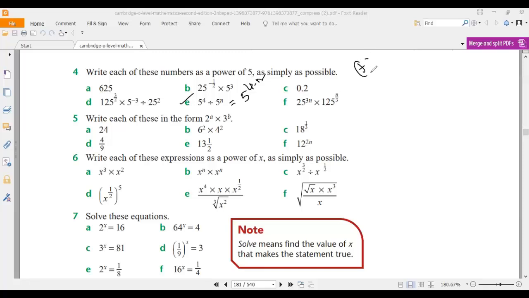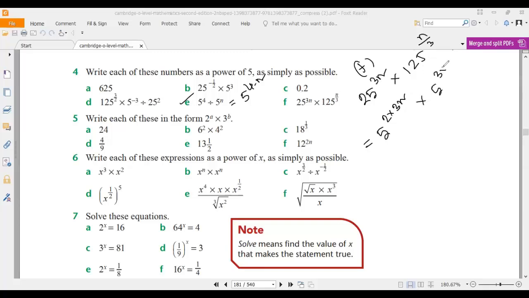And question number F. 25 to the power 3n multiplied by 1 by 5 to the power n by 3. 25 can be written as 5 square, so 5 square to the power 3n multiplied by, what does 1 by 5 mean? 5 cube.